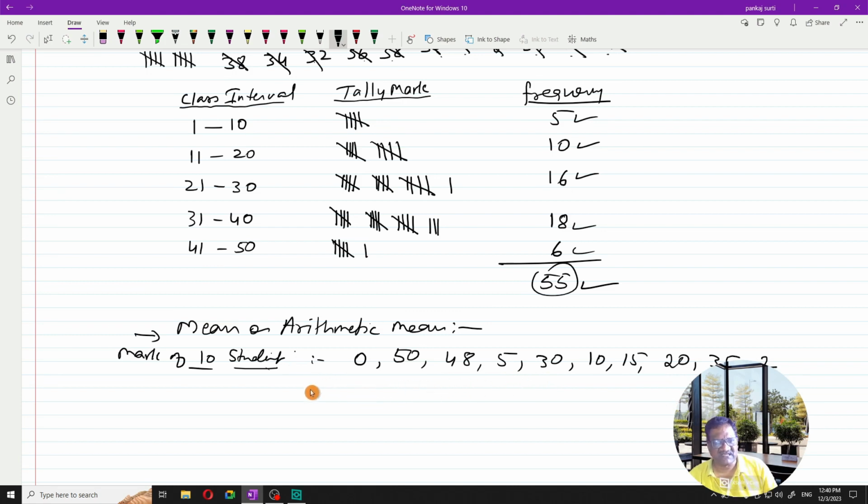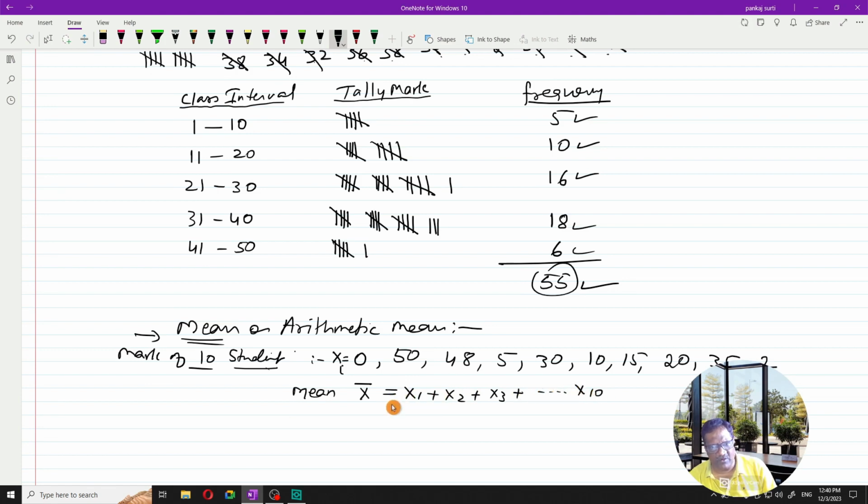In such a case, the mean of this particular data, normally written as x bar, you can call it the arithmetic mean also. Suppose x is the variate, and the xi are the values of the variate. So x bar will be equal to x1 plus x2 plus x3 plus dot dot dot plus x10.